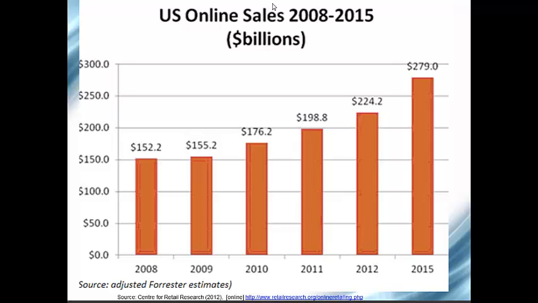And it's estimated that in the US by 2015, there's going to be $279 billion in sales for online commerce. So between Europe and the US, and we haven't even touched Asia, there are a lot of sales out there. That's going to be very, very important for you in your careers in order to get your hand around global electronic commerce.